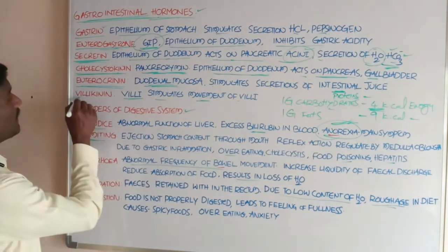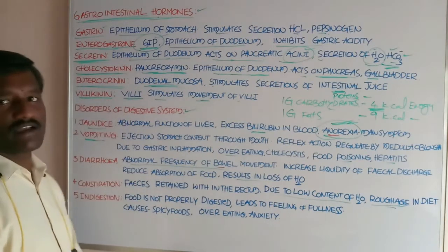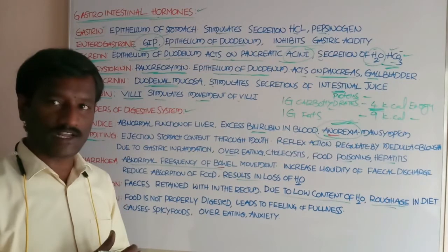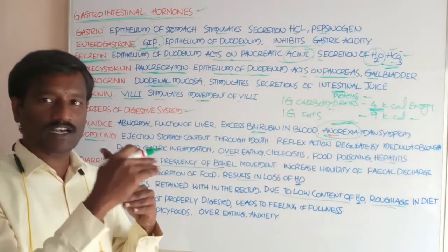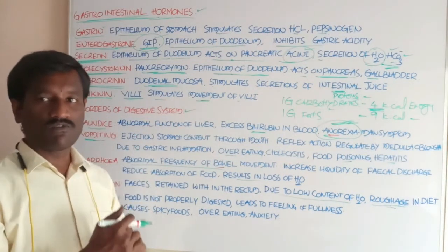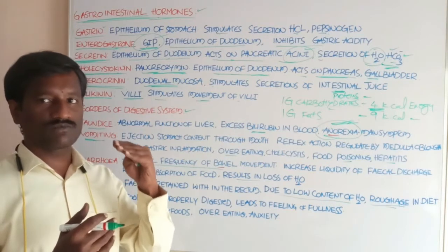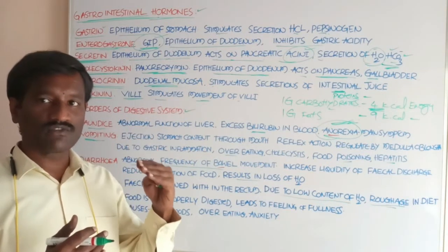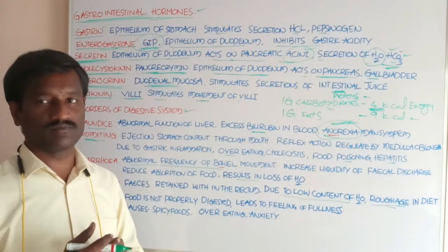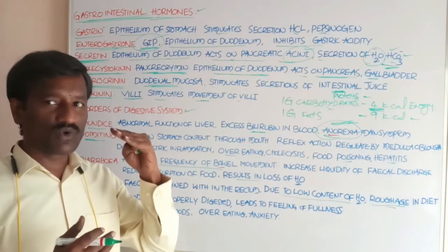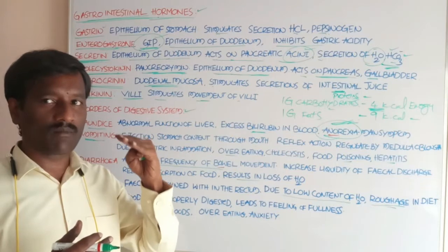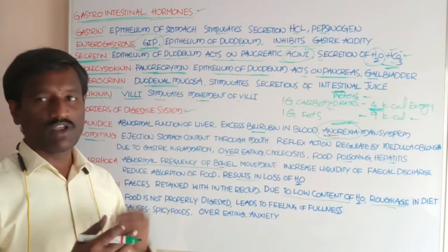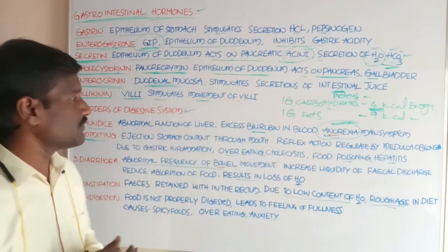And villikinin. What about villikinin? Villikinin is secreted from the villi. Villi are small finger-like folds on the inner surface of the small intestine; the mucosa appears folded into small finger-like structures called villi.